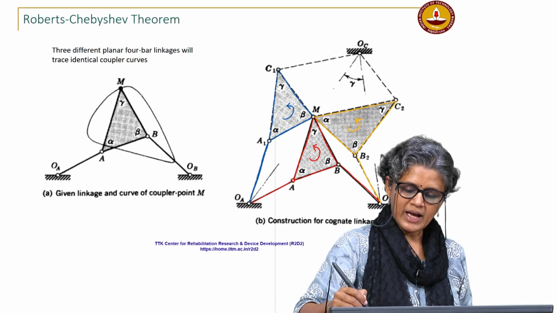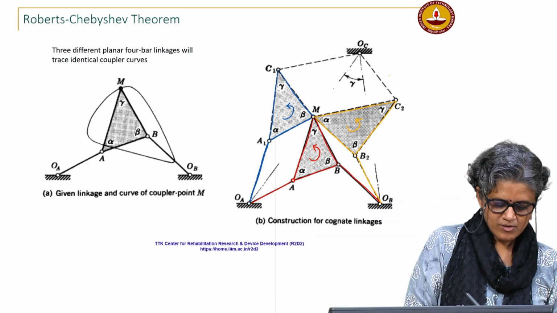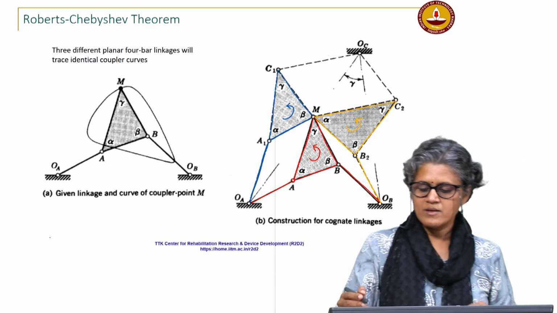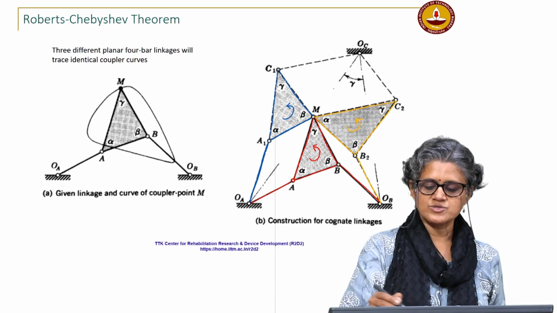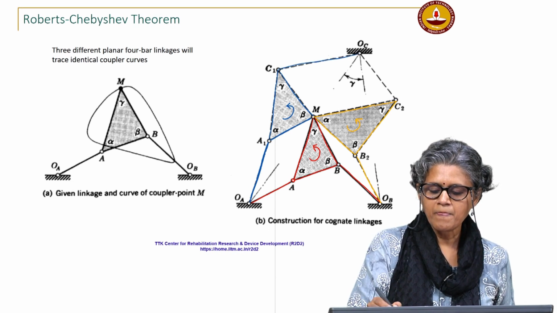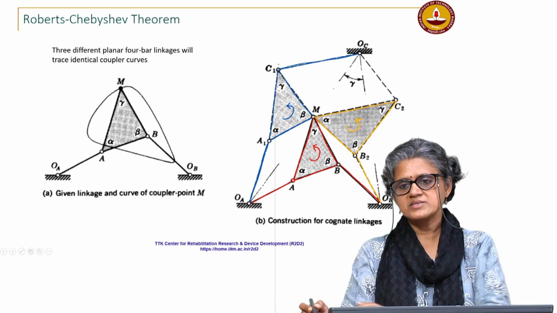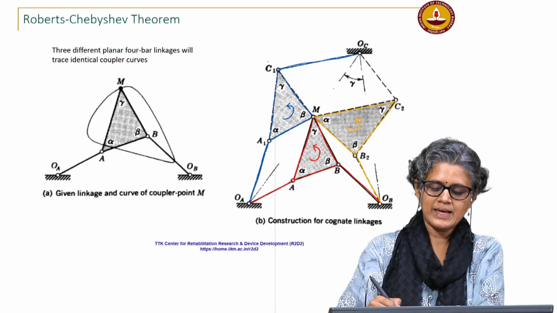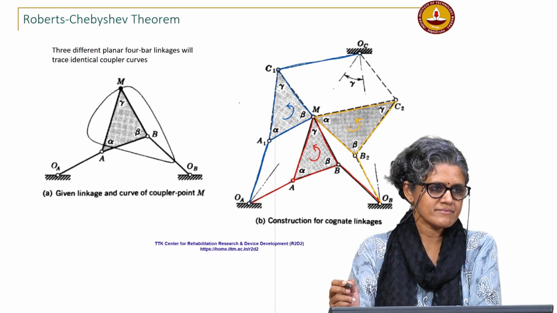So, now look at finishing up. Now I have MC2. So, from C1 and OC2 I construct a parallel that will form the fourth link of my left cognate.